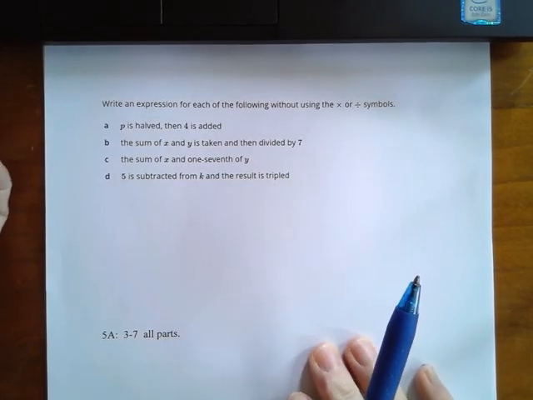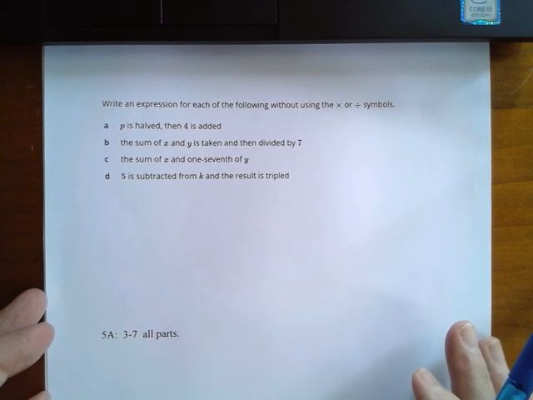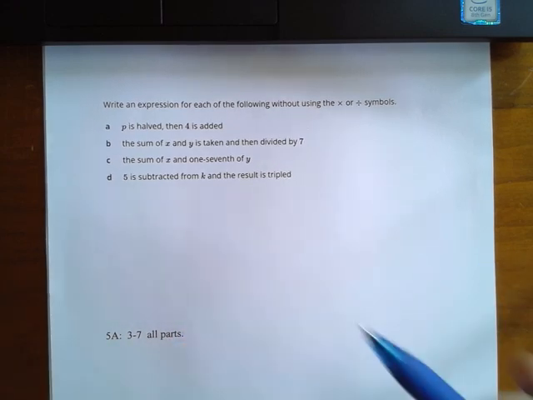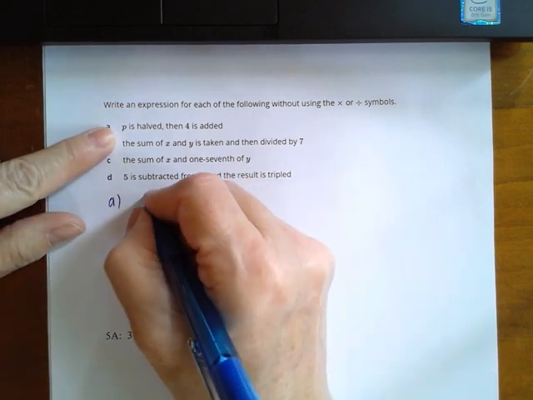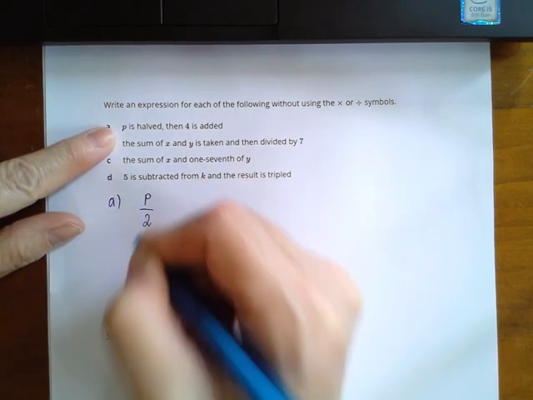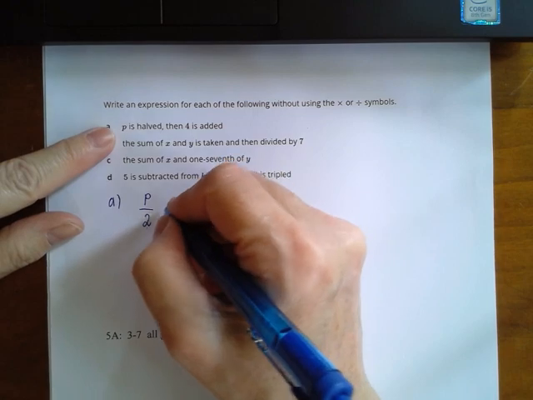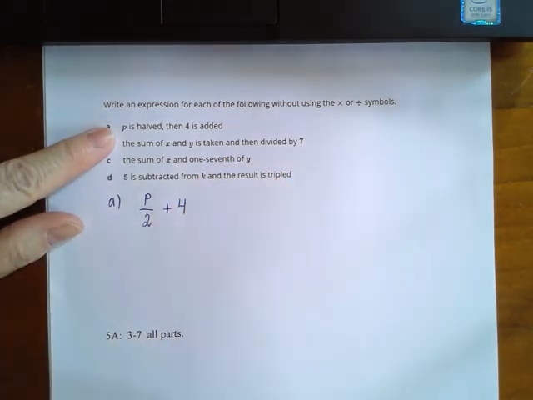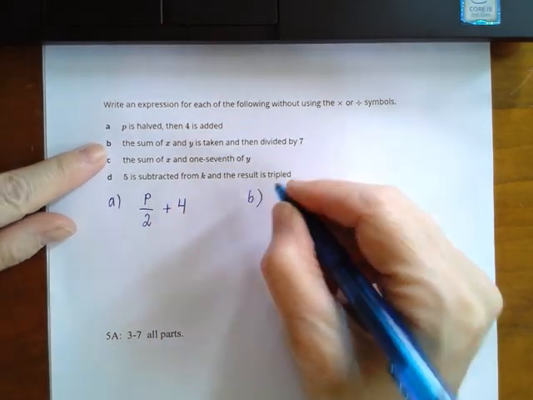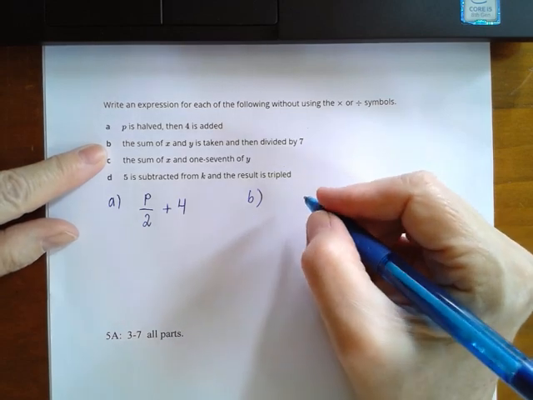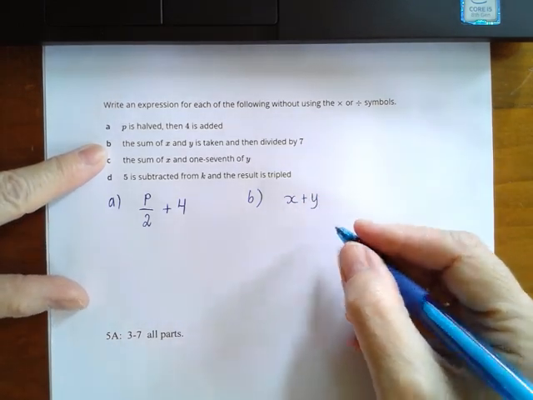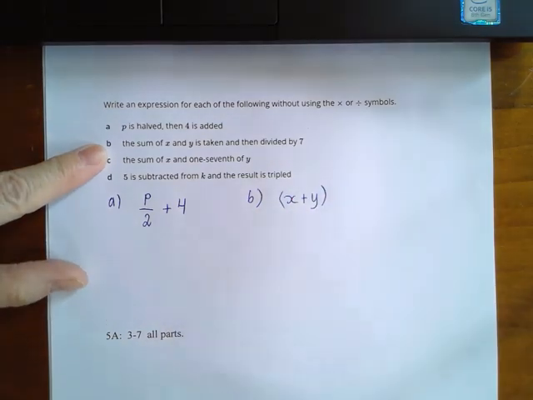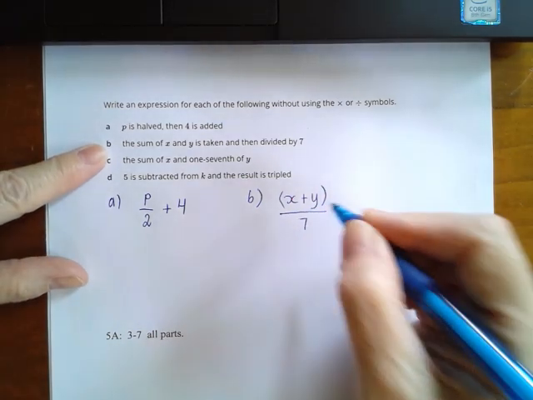All right, the next one says write an expression for each of the following without using multiply or divide symbols, and I'm going to write them down here. So p is halved, and then it is added to 4. The sum of x and y is taken, and then, that means those, it is divided by 7.